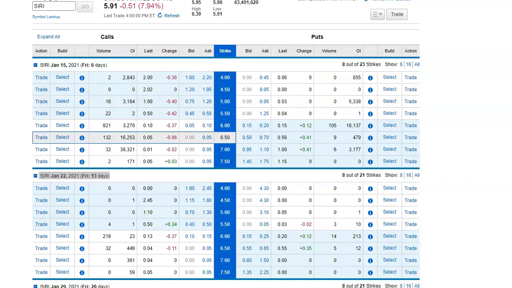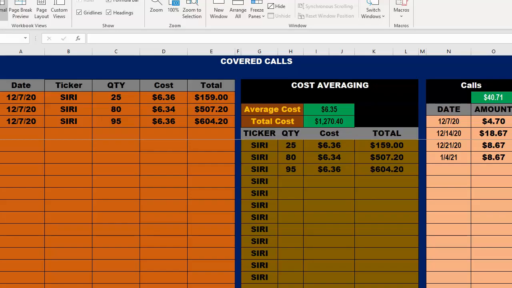But we know the price dropped to 5.91, and when it comes to cost averaging, people sometimes wonder when they should buy. To me, especially if you're starting off with only like $1,000, say, and you get in this situation where there are no options to be sold, this is where you can think about buying more of this stock.